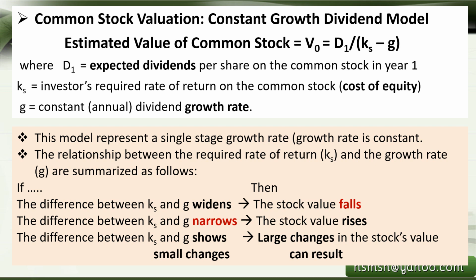If the difference narrows, coming closer, the stock value will rise. If the difference between the cost of capital and the growth rate shows small changes, there can be large changes in the stock's value. That is how you can interpret the movement.